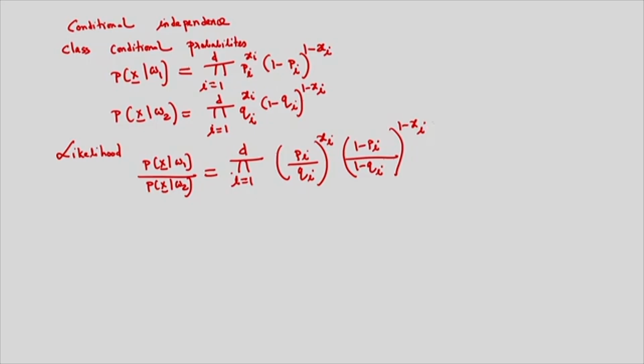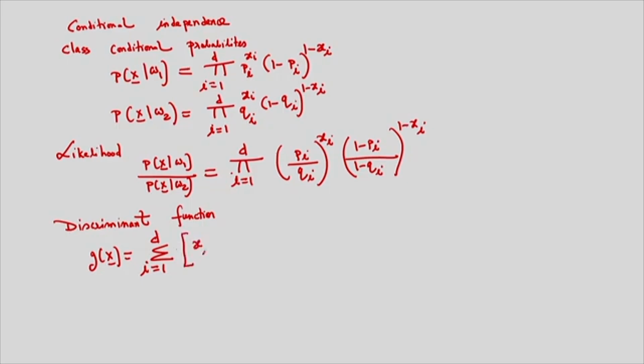Now based on this likelihood ratio we can determine the discriminant function. So what is the discriminant function? gx is the discriminant function. It is a summation from i equal to 1 to d, because we have taken the log. If I take the log, then multiplication is converted into addition.